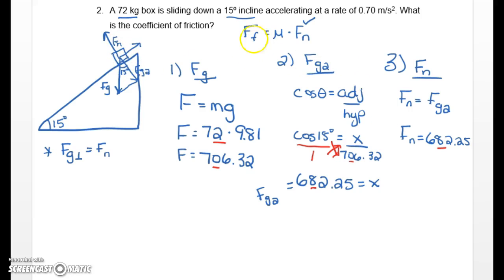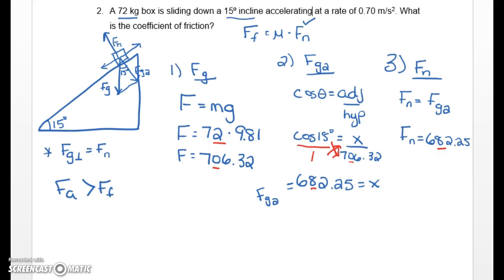But in order to find our frictional force, we know that this frictional force and the force that's pushing it down this incline are not equal. That's because this box is moving down. So that force that's pushing it down, that applied force, is greater than that frictional force. So your applied force, that's the direction that it's moving, is greater than that frictional force.